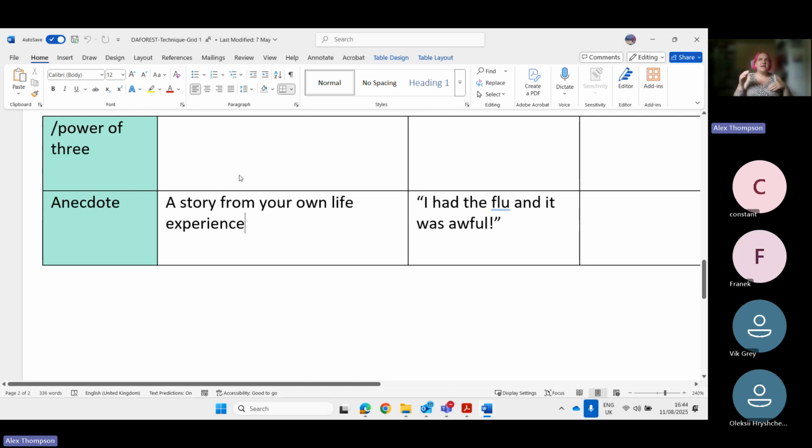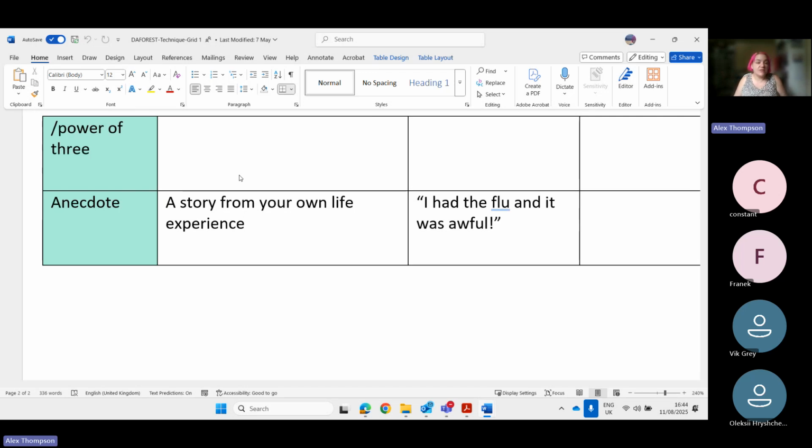Anecdotes. It goes very closely with opinions. So anecdotes and opinions. An anecdote is a story from your own life. So I could say, I walked my dog in the local woods and there was rubbish everywhere, McDonald's wrappers and drug paraphernalia and graffiti and broken equipment.